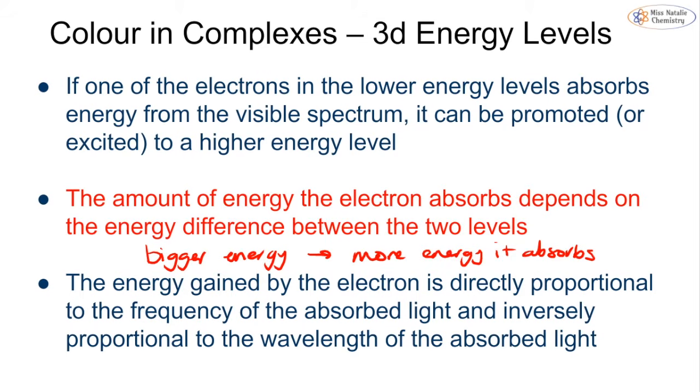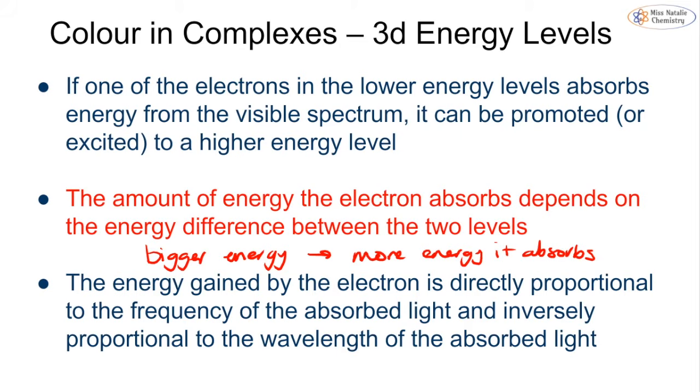So our electron is absorbing energy as it is moving between those two d orbitals. And because of that, we then get this wavelength of light being absorbed, and the energy gained is directly proportional to the frequency of the absorbed light, or inversely proportional to the wavelength.